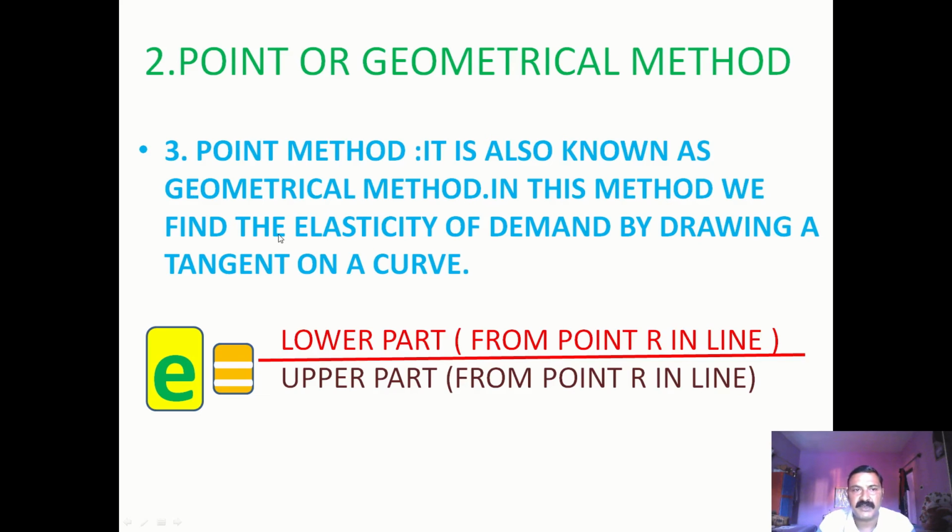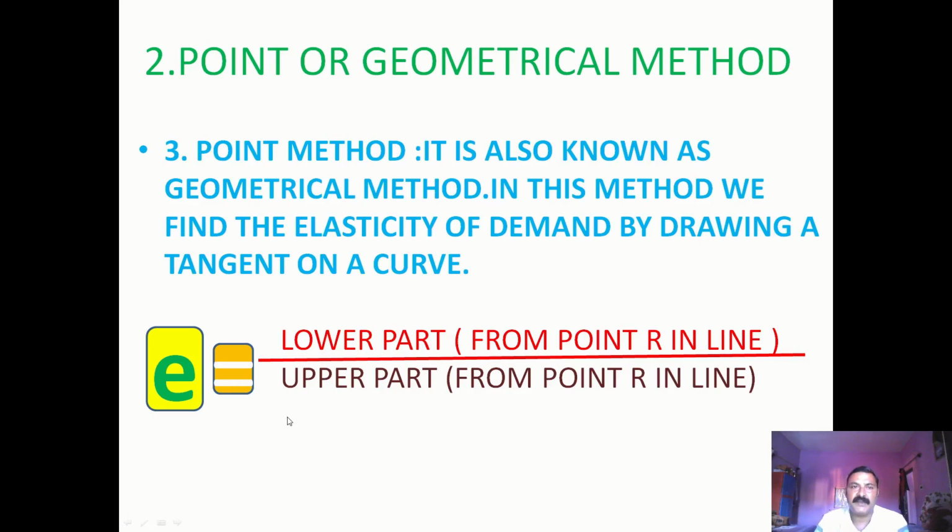In this method we find the elasticity of supply by drawing a tangent on a curve, and from the tangent we will take two values. From where the tangent touches the curve, we will take the lower part and the upper part.